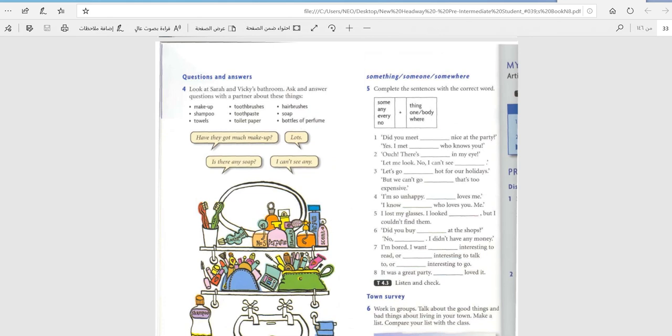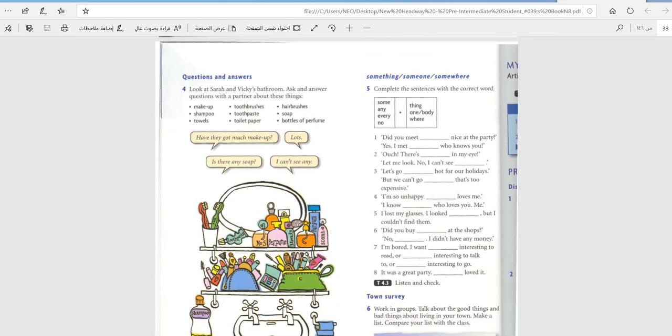Something تستخدم مع الأشياء، somewhere مع الأماكن، someone مع الناس أو مع البشر بشكل عام. فنلاحظ الآن لو قلنا مثلا something, anything, everything, nothing، كل هذه الكلمات تستخدم مع thing. وأيضا نقول someone, anyone, everyone, no one. تمام؟ طيب المعاني something بعض الشيء أو بعض الأشياء، anything أي شيء، everything كل شيء، nothing لا شيء. وإذا قلنا أيضا someone بعض الناس، anyone أي شخص، everyone كل الناس، no one لا أحد. somewhere بعض الأماكن، anywhere أي مكان، everywhere كل مكان، nowhere لا مكان. أوكي؟ طبعا someone و somebody نفس المعنى.